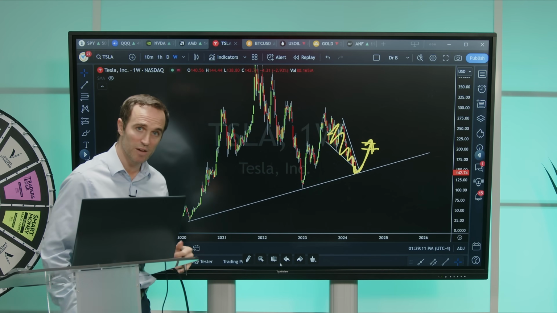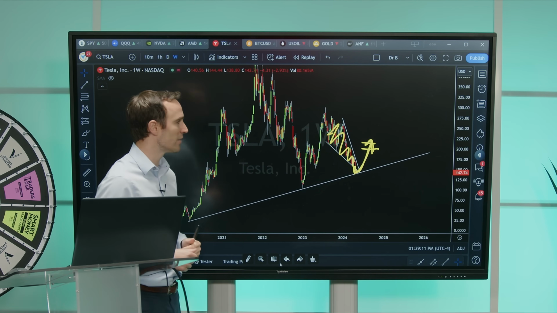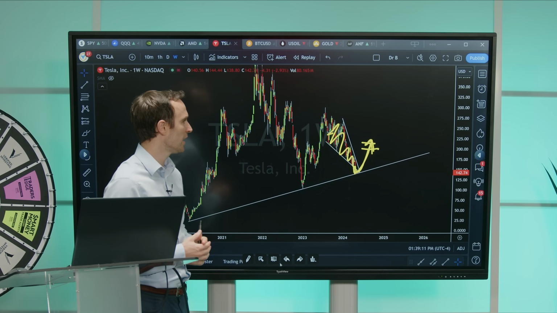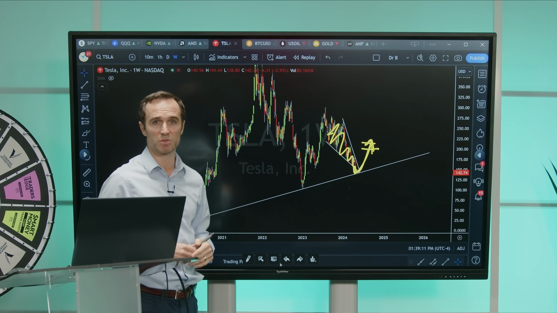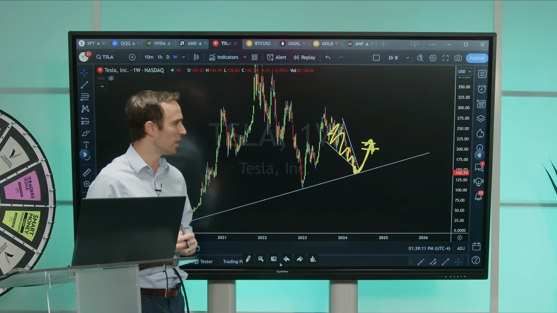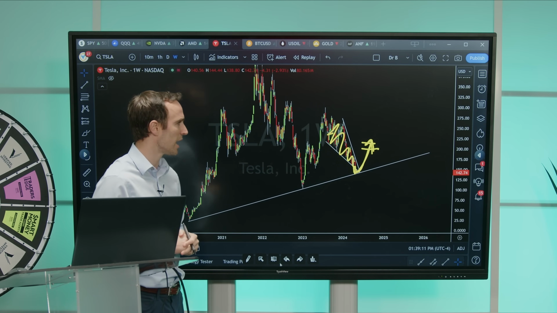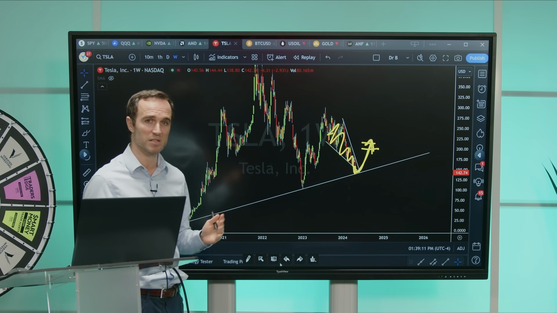Tesla has been under a lot of pressure because the deliveries have been lackluster, the revenue expectations are lower, and there's some decent competition. They've also had to cut prices, which has cut their profit margin. So all of these things have hurt the stock. But Tesla's a great company. I actually own a Tesla myself. They're an amazing car.